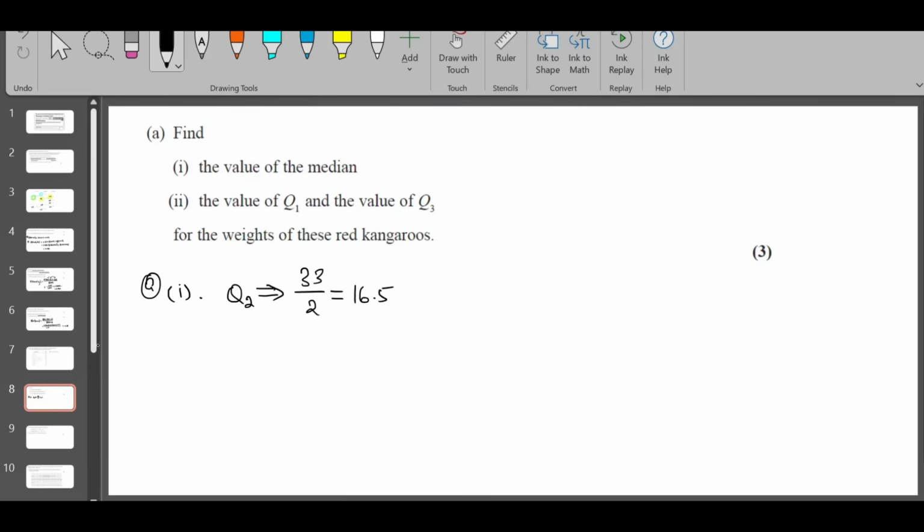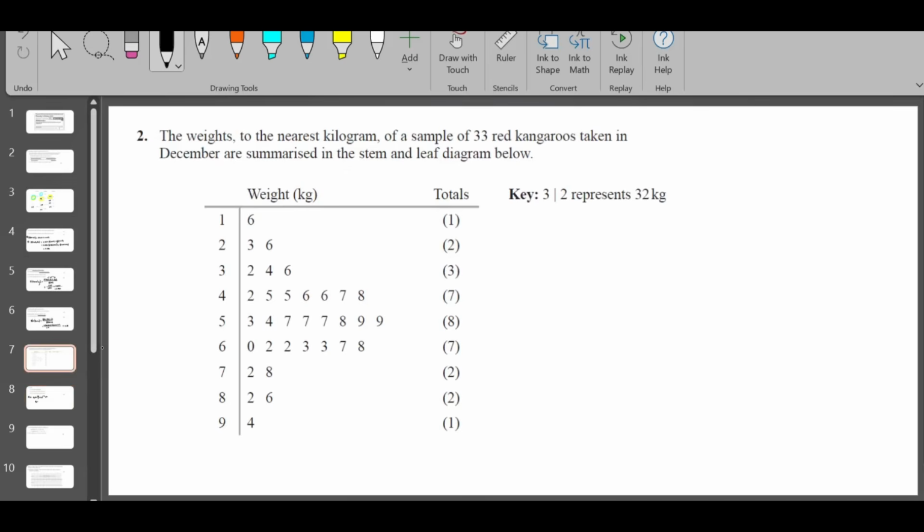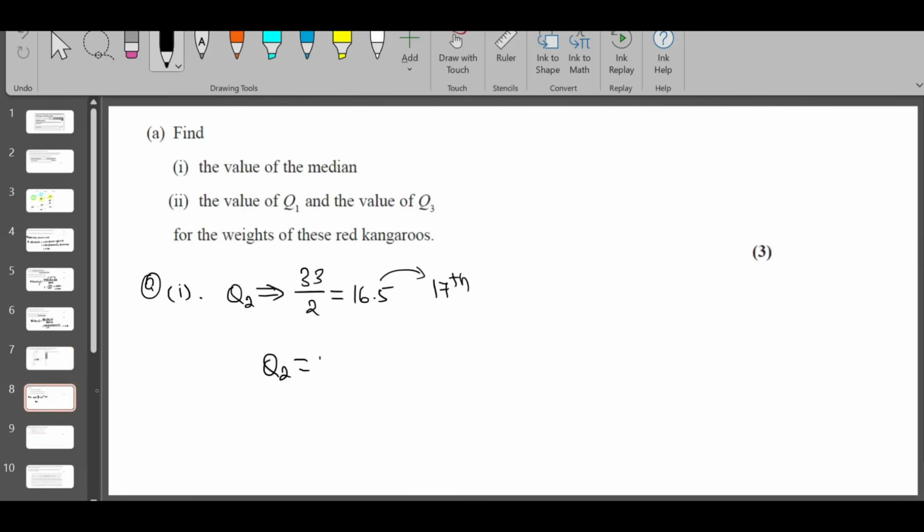If you get a decimal number, you take the next entry, the 17th entry. That would be the median Q2. 17th entry: 1 plus 2 is 3, 3 plus 3 is 6, 6 plus 7 is 13, 14, 15, 16, 17th entry is 57. So Q2 is 57.